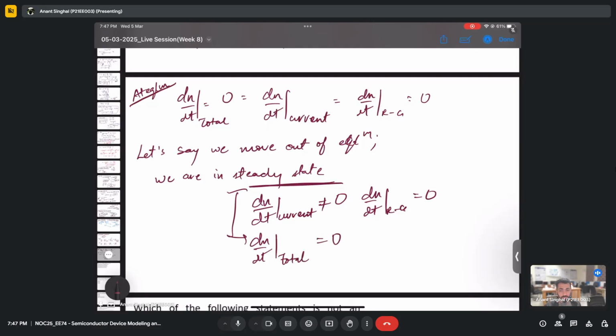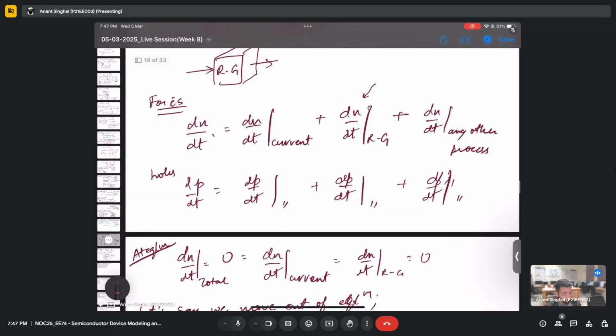So this is what steady state implies, that whatever has happened has already happened. Now the material is in a steady state, so the total component will always be zero. So at steady state, the rate of change of concentration with respect to time remains zero, and we have finite values for all the other cases.